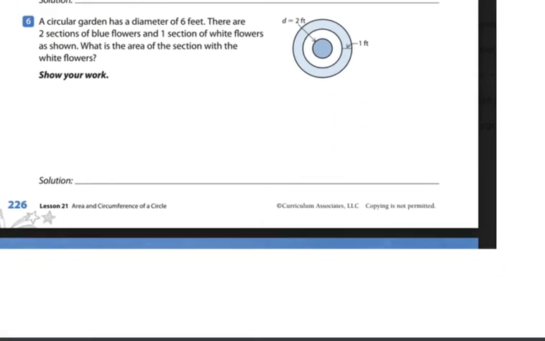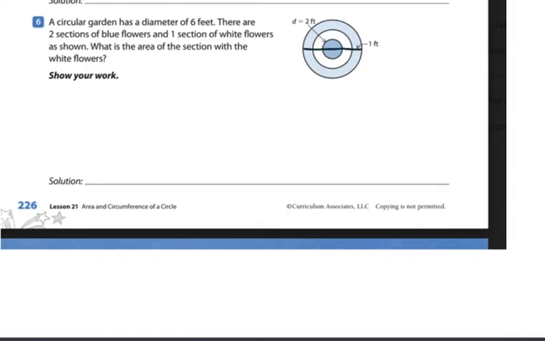A circular garden has a diameter of 6 feet. There are 2 sections of blue flowers and 1 section of white flowers, as shown. What is the area of the section with the white flowers? The first thing you need to notice is that the line I have drawn across here shows the diameter of the entire garden, which it tells us is 6 feet.